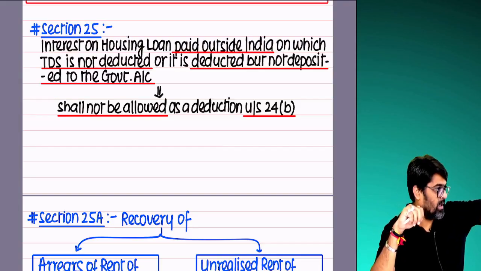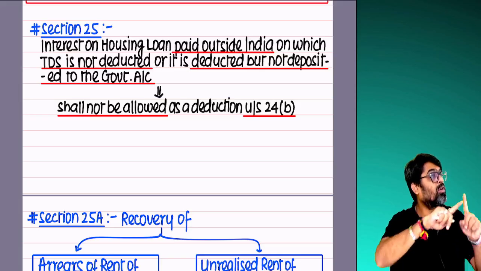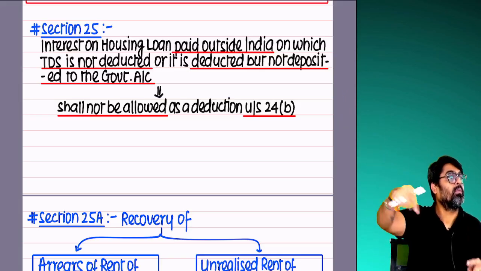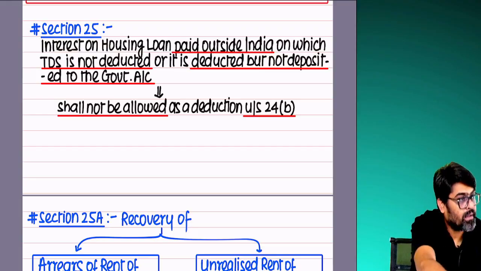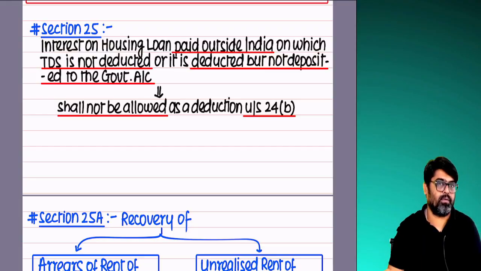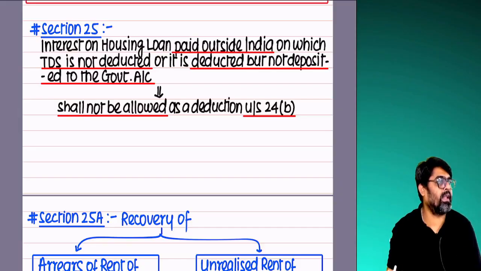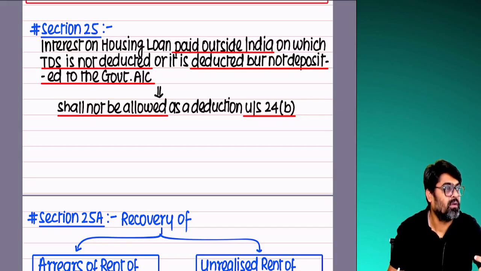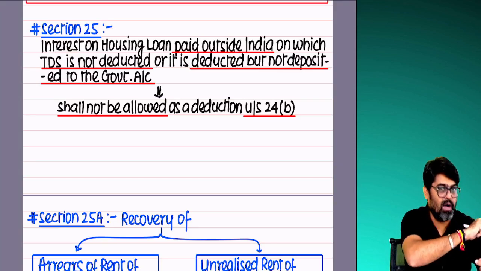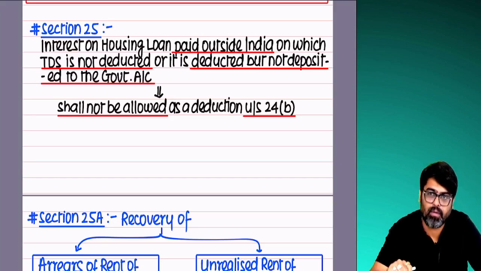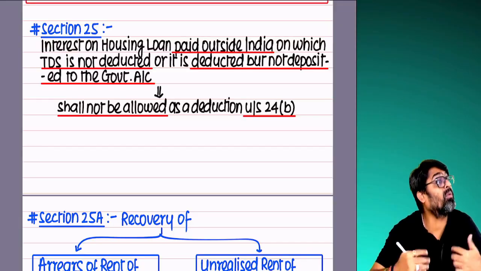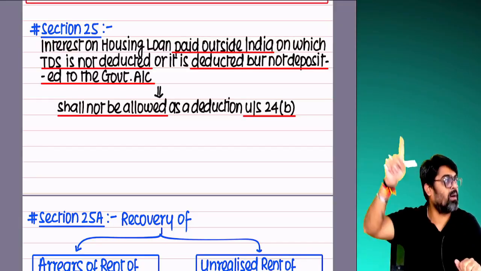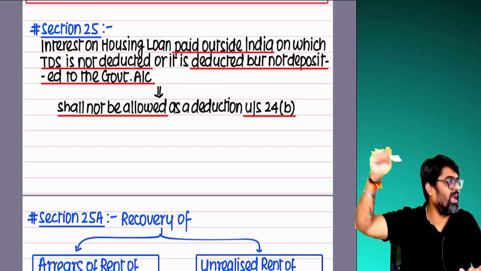Deposit that amount to the government, because you are deducting tax on behalf of the government from someone's income. The amount you deducted is not your father's money. It belongs to the government. This way, the government will collect tax on the income of that non-resident sitting outside India.